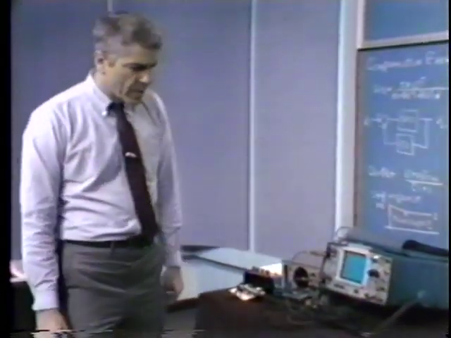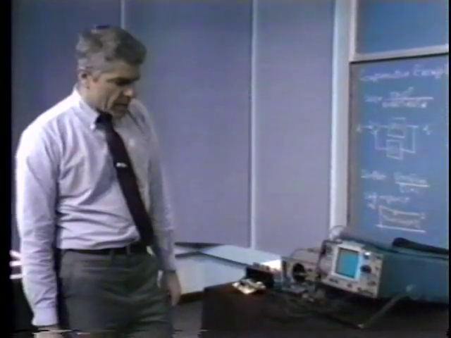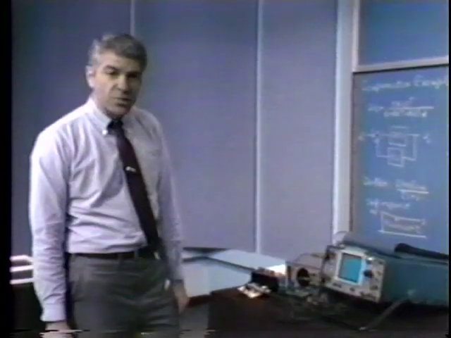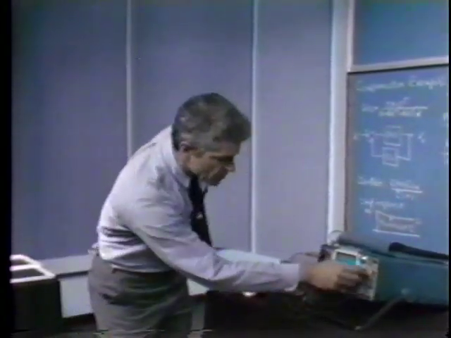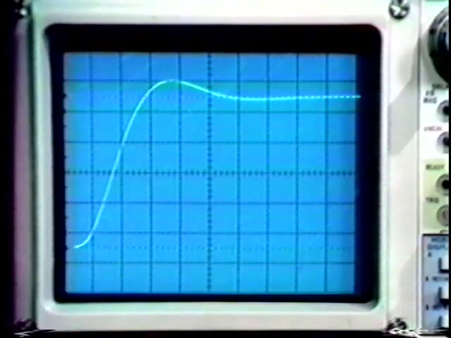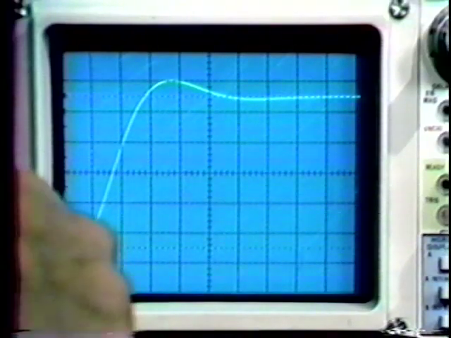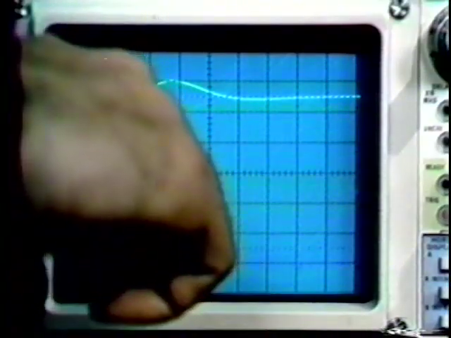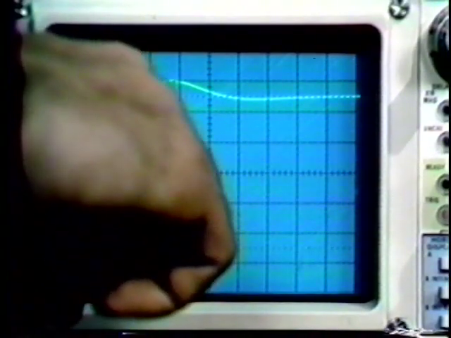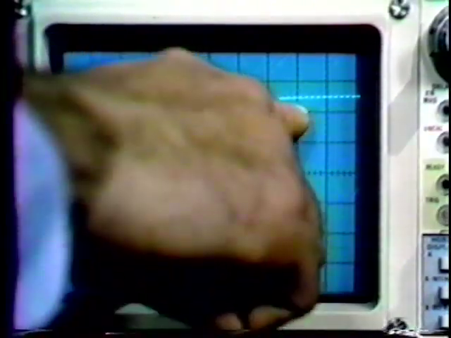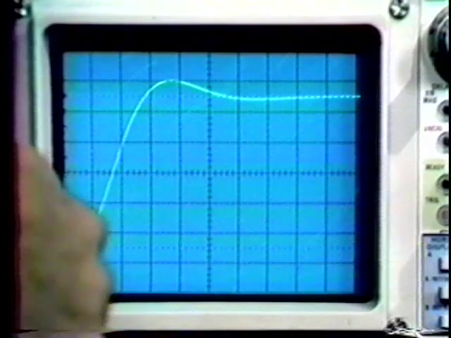We also might measure the rise time of our step response, because that's a measure, of course, of the overall bandwidth of our system, the speed of response of our system. So let's do that. I am now at a horizontal speed of 50 microseconds per major division. The oscilloscope is set up such that if we measure between this major division and this major division, we'll be measuring the 10 to 90% rise time of our step, final value being here and initial value being down here.